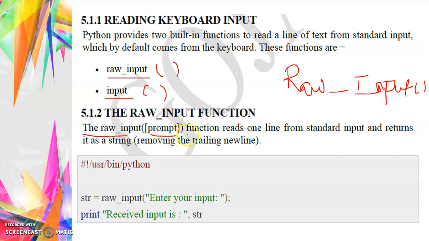The raw_input function reads one line from standard input and returns it as a string, removing the trailing newline.